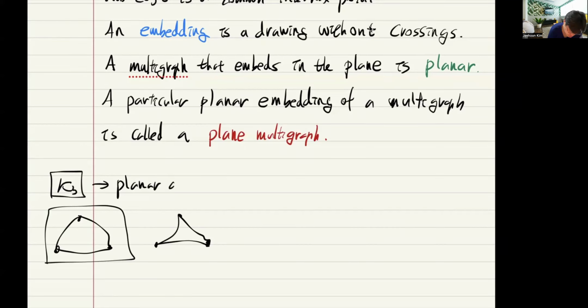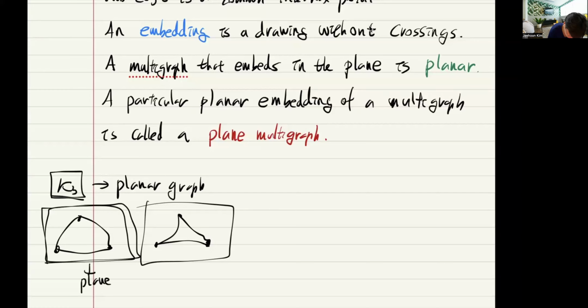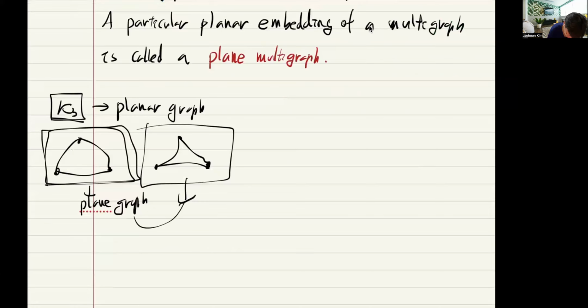This graph, K3, is a planar graph, but the way we draw each of them is a plane graph. And these two are different plane graphs. They are representing the same planar graph, which is K3, but they are different plane graphs. The plane graph comes with an embedding.